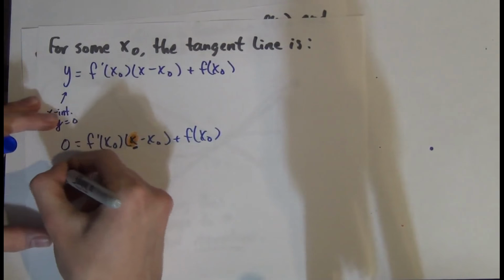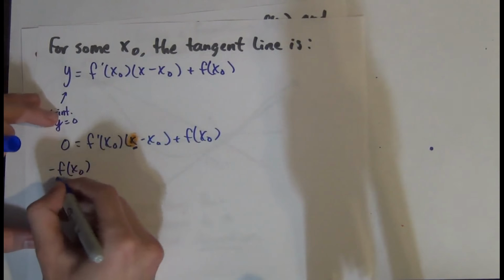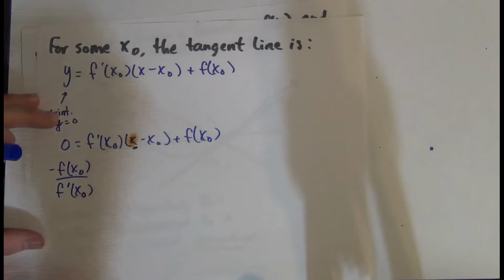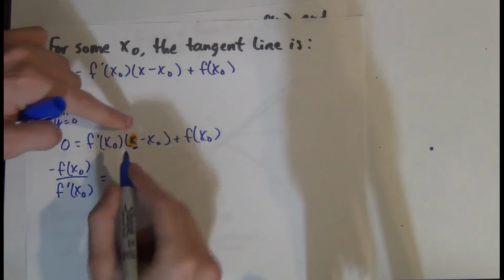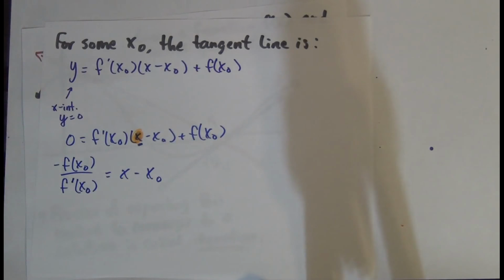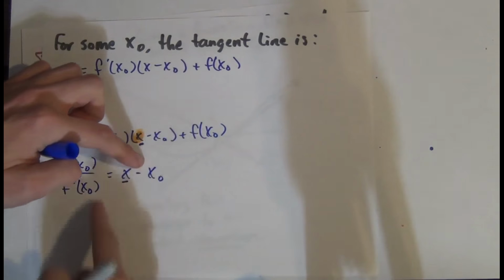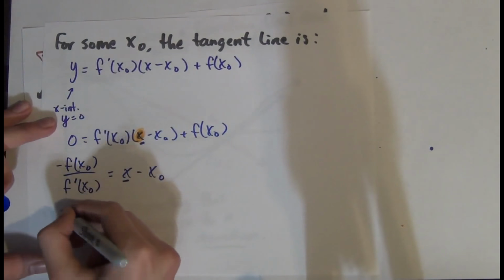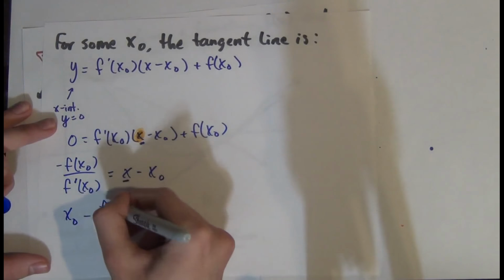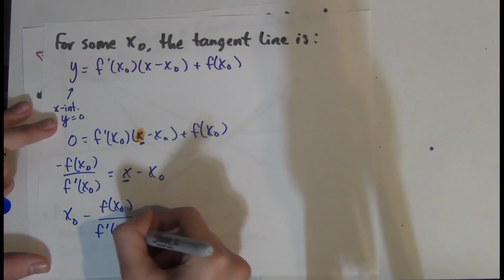I'm going to subtract f of x naught divided by f prime at x naught, and that equals x minus x naught. Okay, finally, to get x by itself, I'm just going to add my initial guess. This is actually x naught minus f of x naught divided by f prime at x naught.